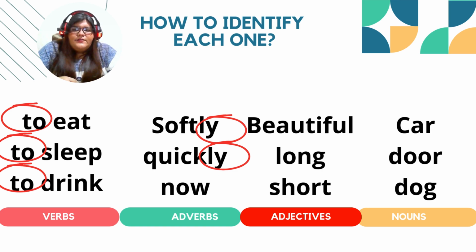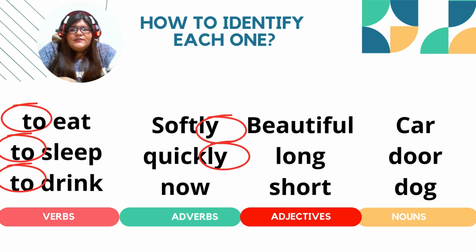How can I identify a verb? A verb will be identified by these two. And remember that all words that represent an action are verbs. For example, to eat, to sleep, to drink.